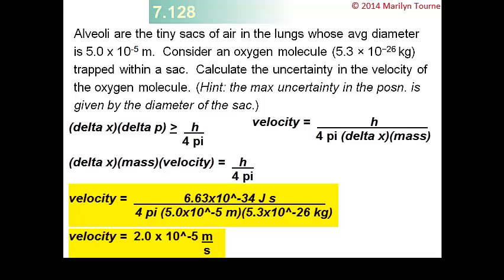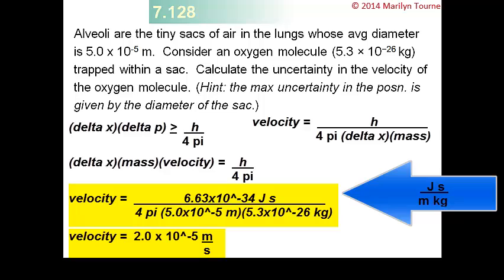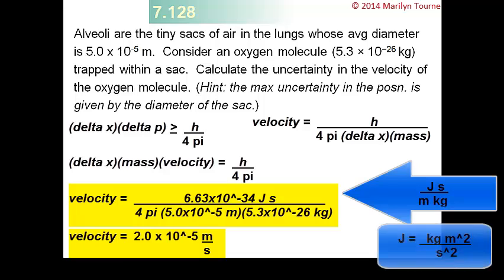The units that you end up with are joule seconds over kilograms times meter. But they want the velocity, and velocity is in meters per second. So I know that a joule, because I went back to page 202 in your book, is equal to kilogram meter squared over second squared.